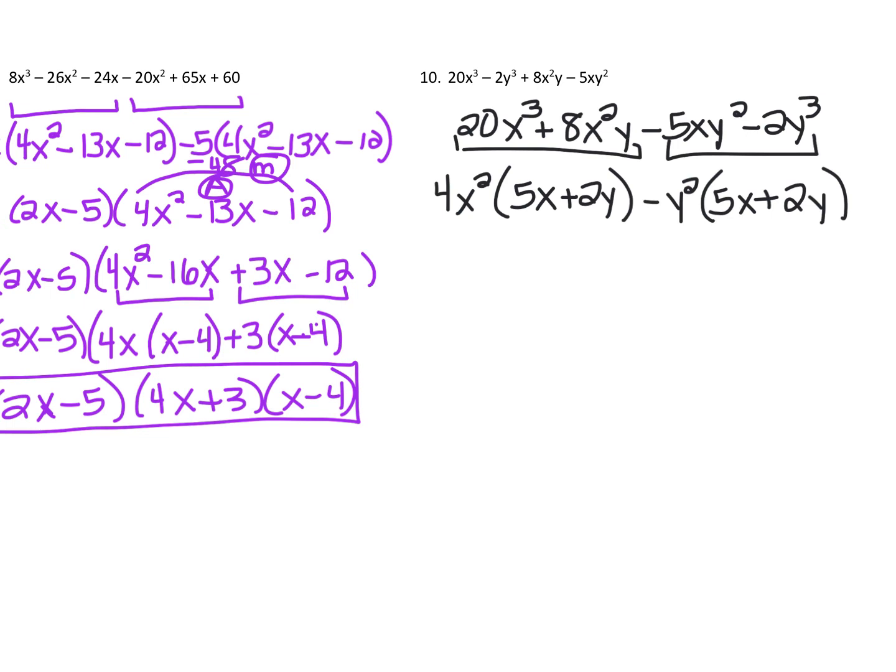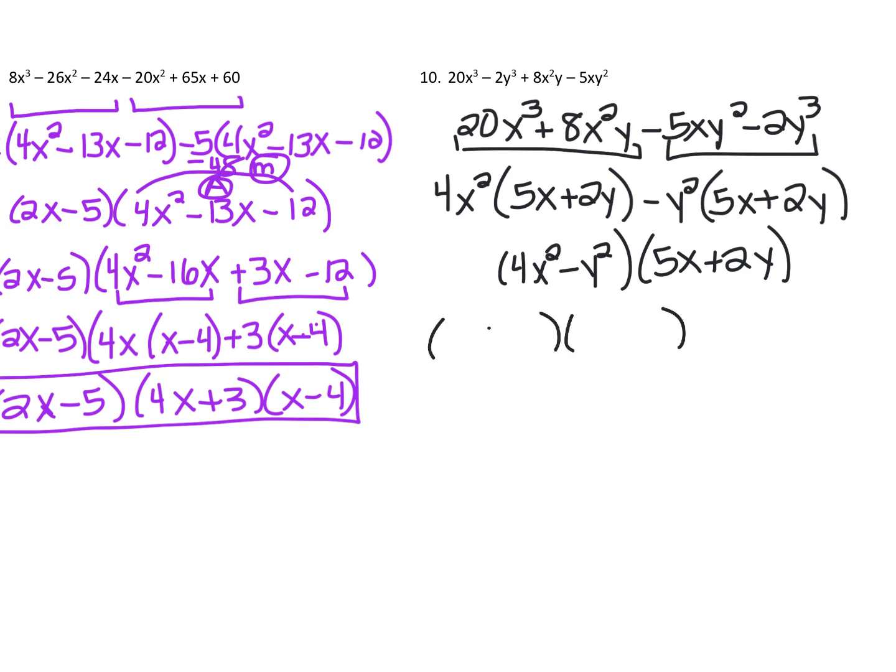All right, so we're going to take what's in front of the parentheses, the 4x squared minus y squared, and we'll group that together. And I'm going to rewrite the 5x plus 2y. All right, now look at this. This is dots. It's a difference of perfect squares. So we could factor this first parenthesis further.